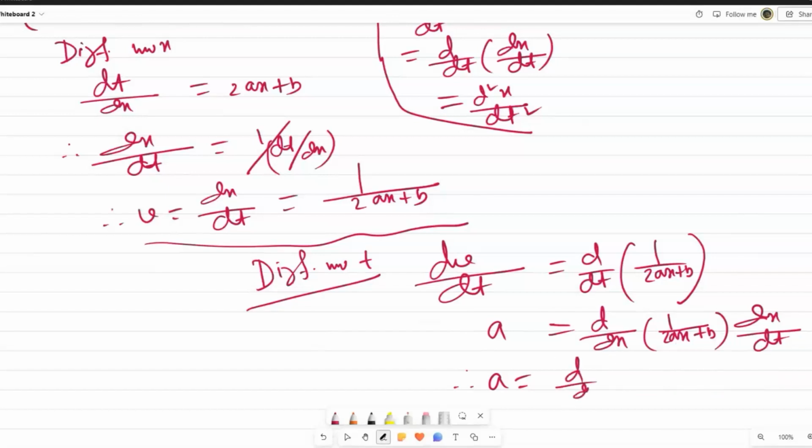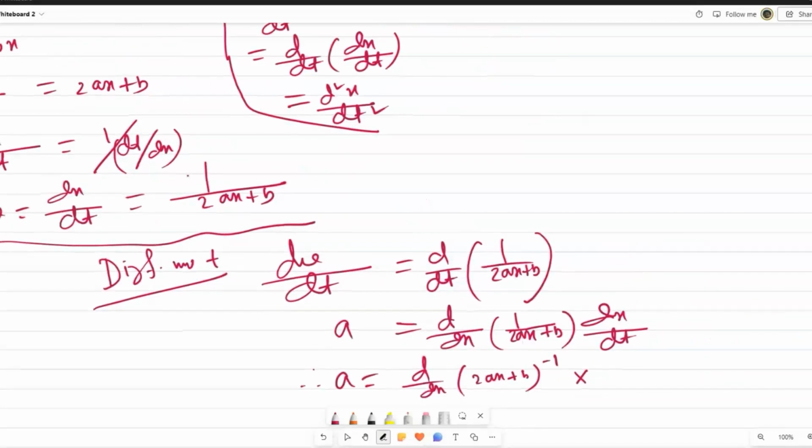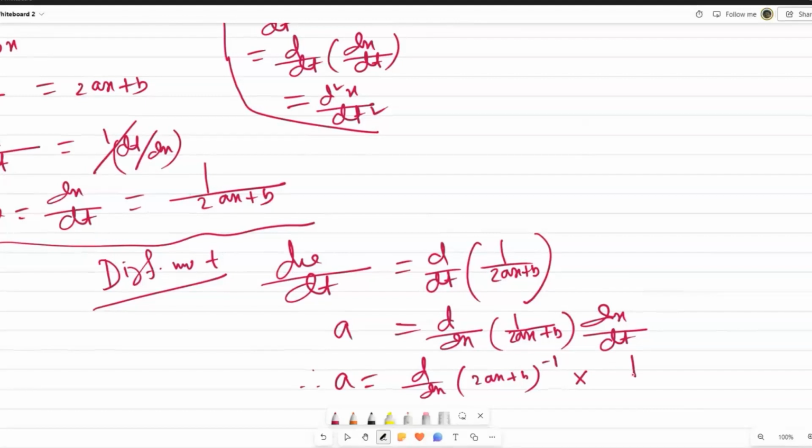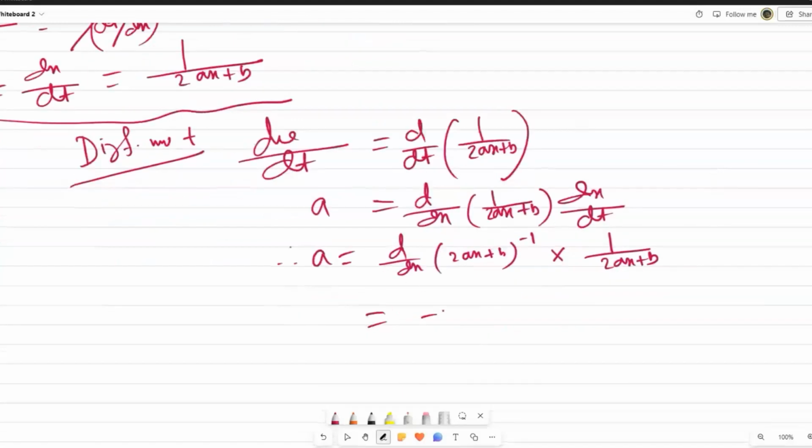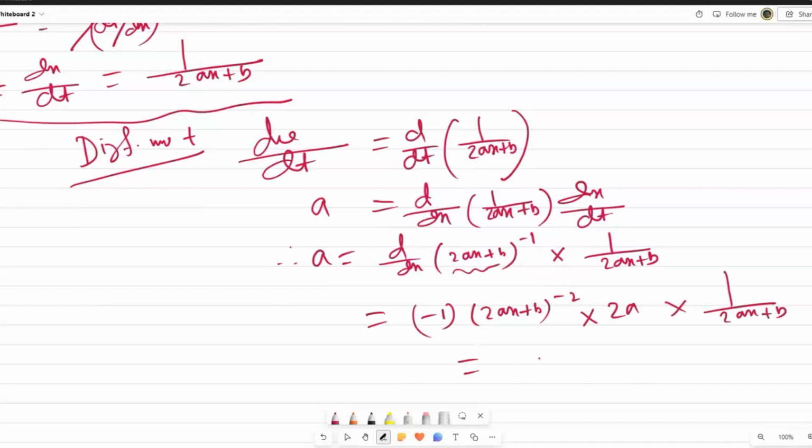You write d by dx of 2ax plus b to the power minus 1, and dx by dt we got earlier, that value we'll put there: 1 by 2ax plus b. So what is its derivative? Minus 1, 2ax plus b to the power minus 2 into derivative of this thing, 2a, into 1 by 2ax plus b. So minus 2a by 2ax plus b whole cube.